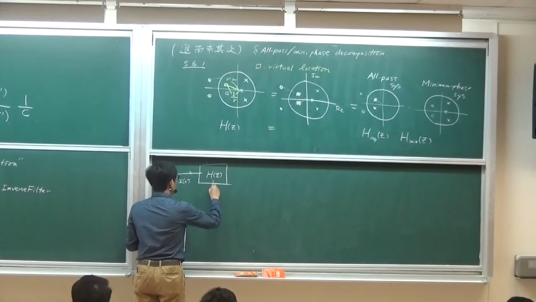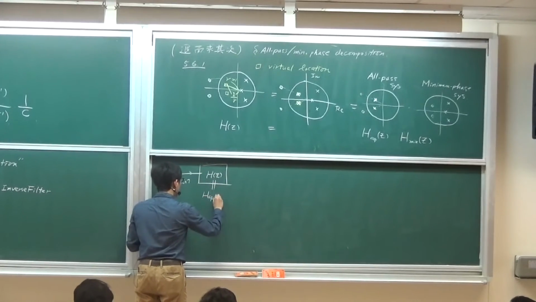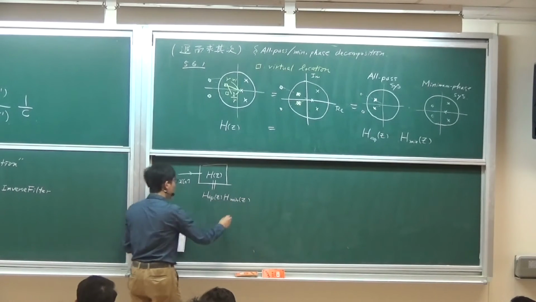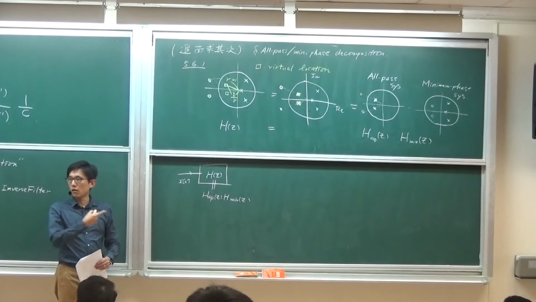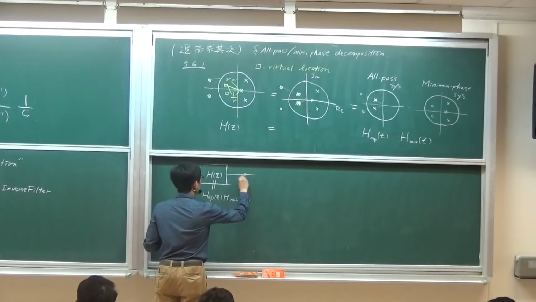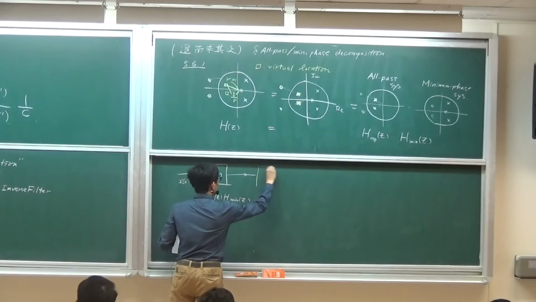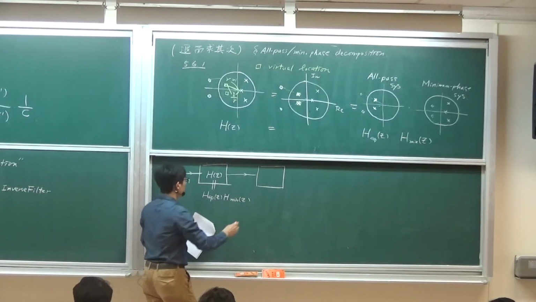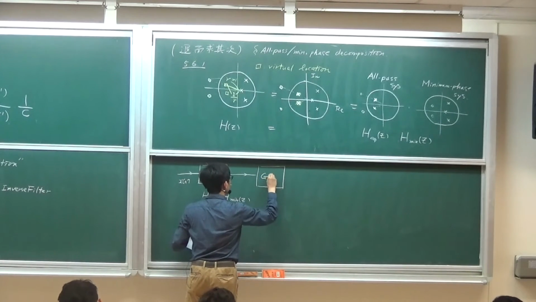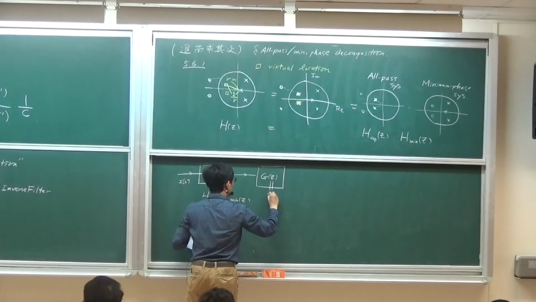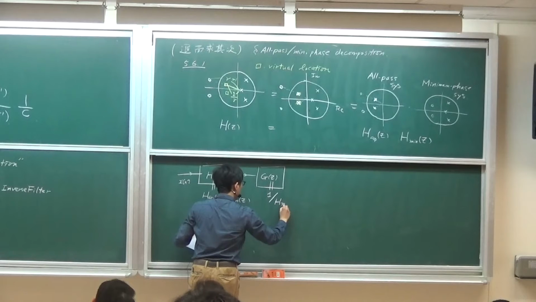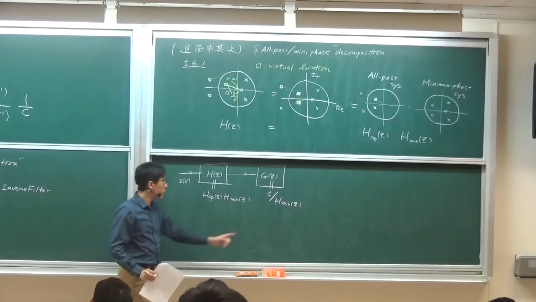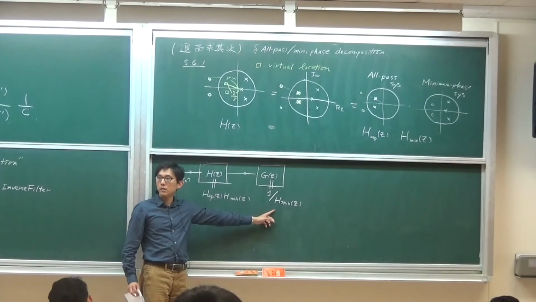We know that at least we can always decompose H of z into the product of all-pass times minimum phase. If this is always doable, then what we can do next is to invert the minimum phase part. Let's say now we can try to construct a stable and causal system that would invert the minimum phase part.